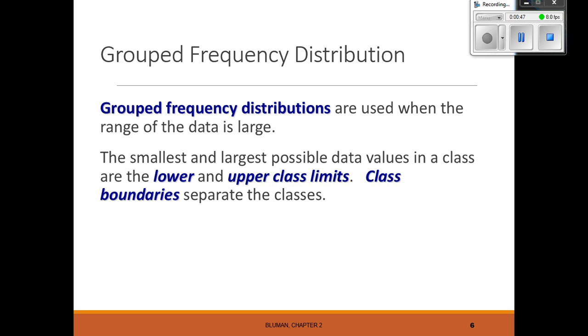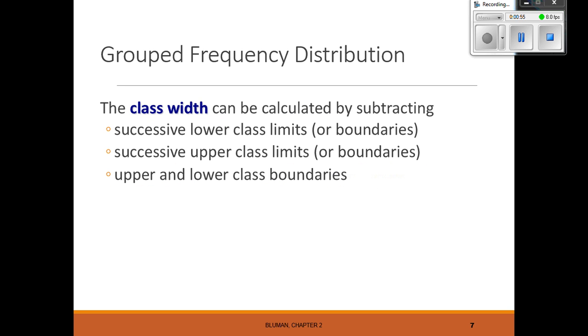Class boundaries are the things that separate the classes. So these are the values that would be rounded to the lower and upper class limits, which we'll explain in a second. Your width, the width of each class, I'll show you how to calculate that. It's basically how many numbers are in each class.